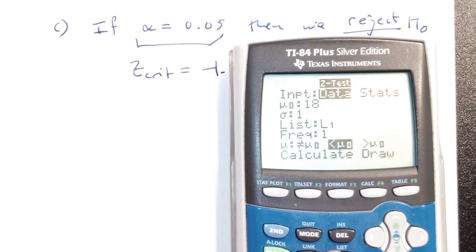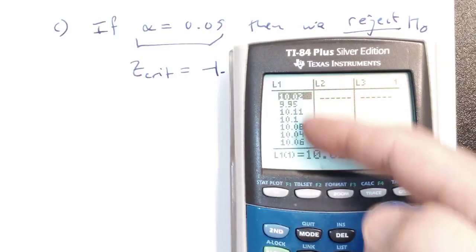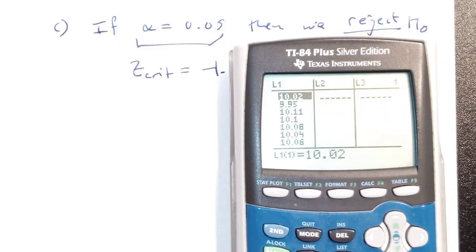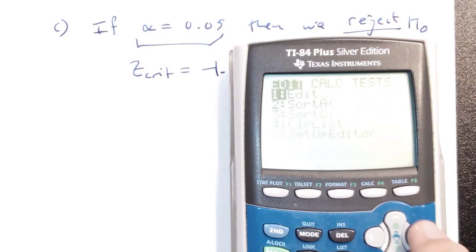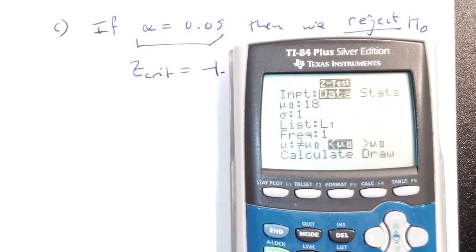So I go back to stat, edit. There's a data pile of lists right there. And I say, oh, this was the example we did about filling the bottles on Friday. Well, okay, in that case, my average was supposed to be 10. And my standard deviation, I've got to go back and look at this problem. Oh, no, I don't have to worry about the standard deviation.